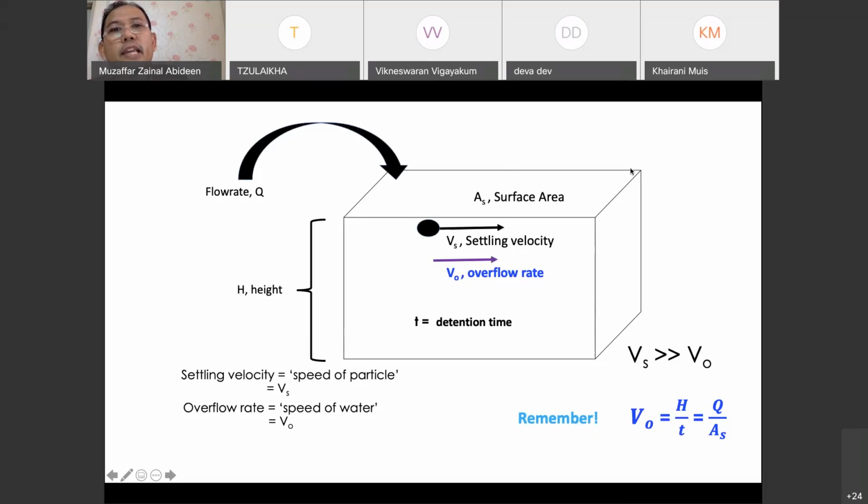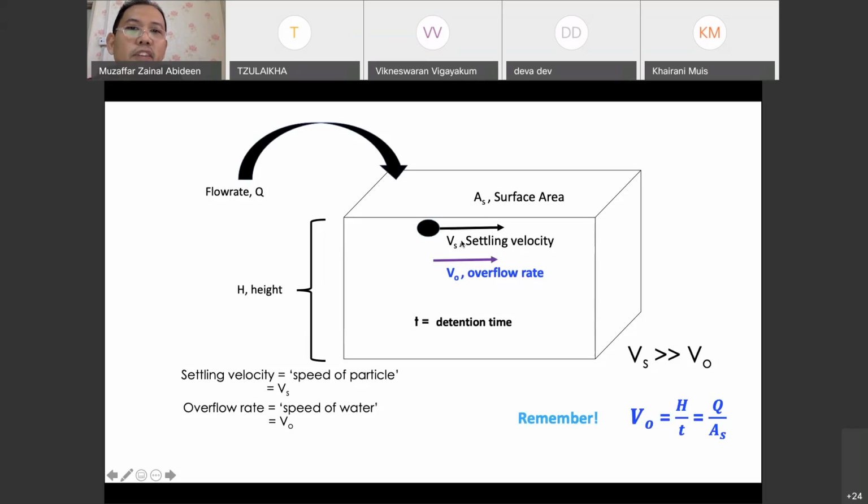And the surface area of the sedimentation tank is also important, and it is being symbolized as AS. And the height of the tank is symbolized as H. I also mentioned, if I'm not mistaken, a few months ago, that in the sedimentation tank we have two kinds of velocity. The first one is the velocity of the particles itself.